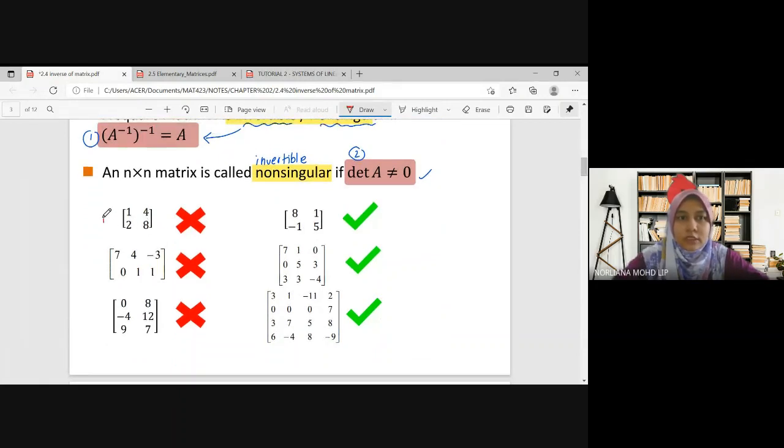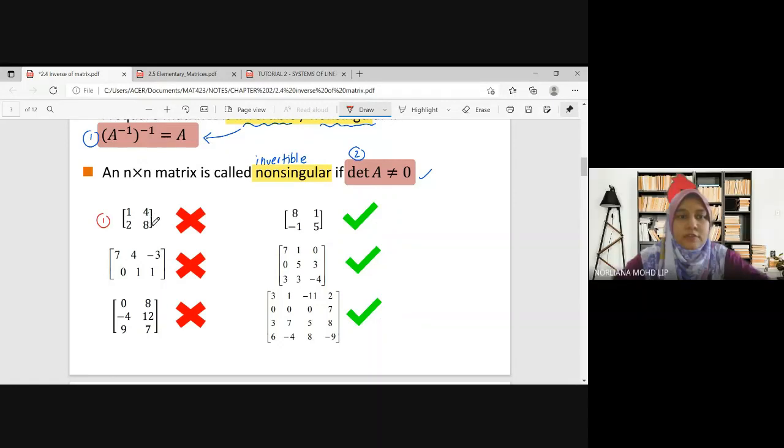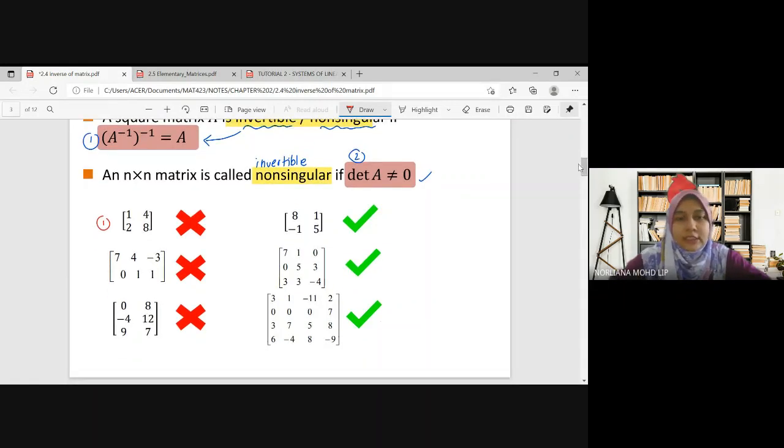For example 1: 1, 4, 2, 8. Is it an invertible matrix or not? Not an invertible matrix. Because here you can find the determinant. We have not learned determinant yet, this is just an example, or you can prove using this. Determinant is 1 over AD minus BC.